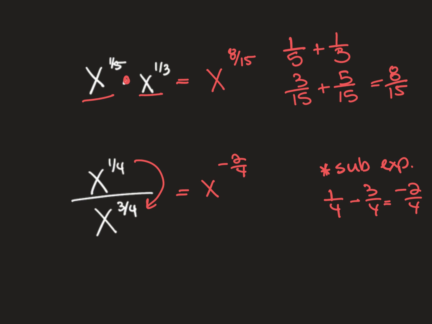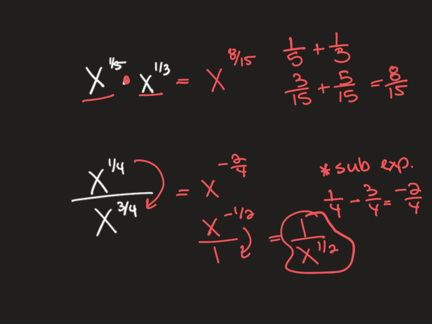I can simplify that to be x to the negative 1/2. And we don't usually like to leave our answers with a negative exponent. So we are going to go ahead and push that down. And that will be our final answer for that one.